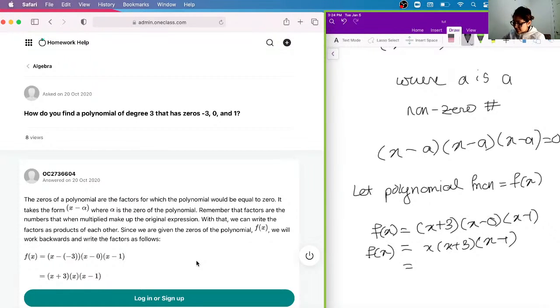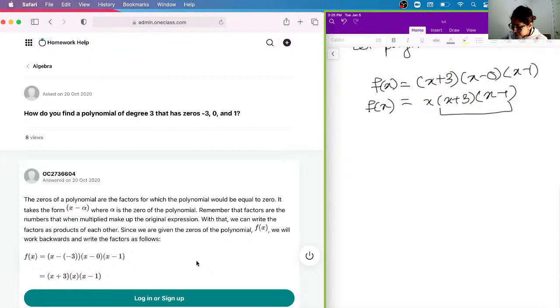So now we just have to expand this. We're working backwards, so we're just going to FOIL this out. I would first do these two, and then whatever I get, I would multiply with the x.